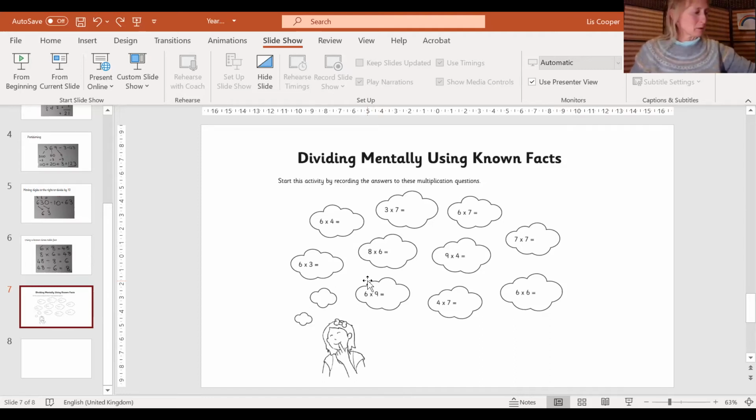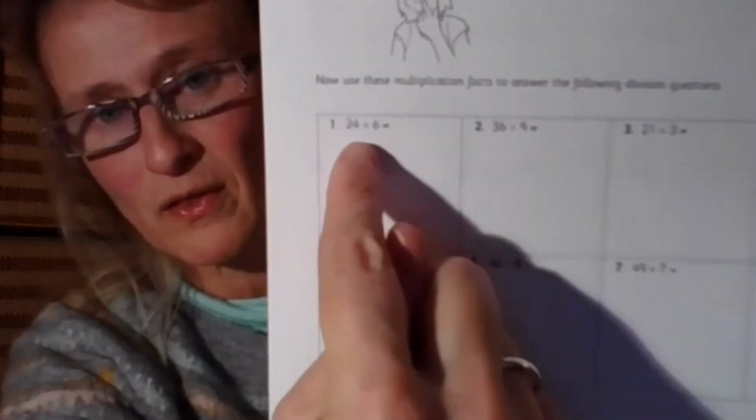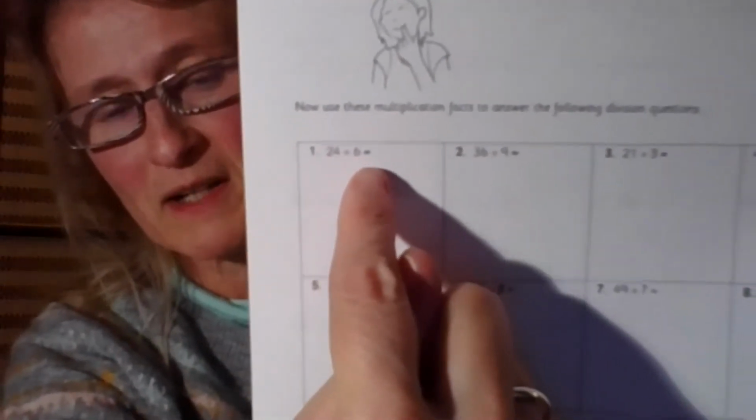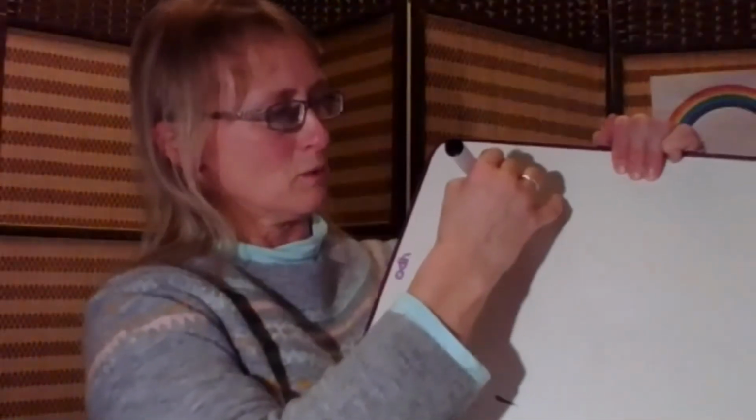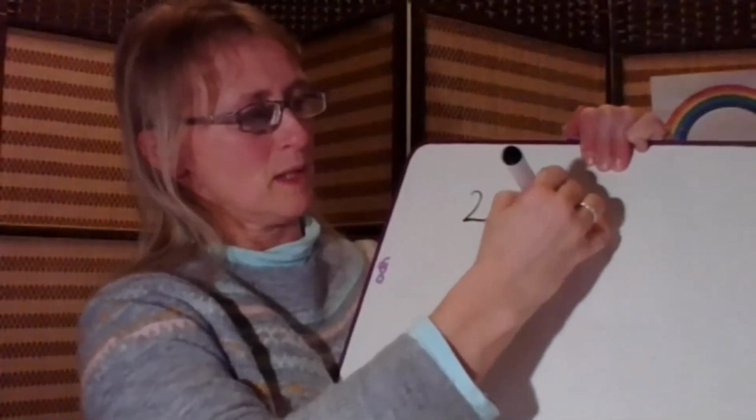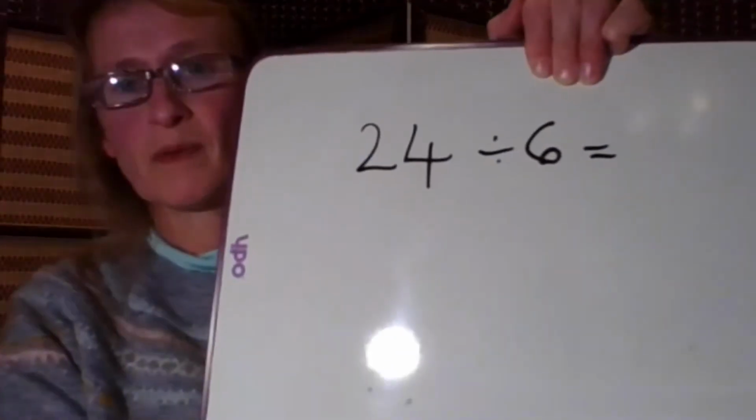But then they get a little bit harder. I'm going to have to put my glasses on because what I'm looking at down here is quite small. Okay, so you're going to get some questions like that one there. It's not 36, it's 24. 24 divided by 6 equals.